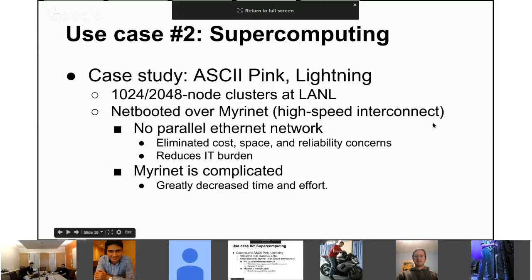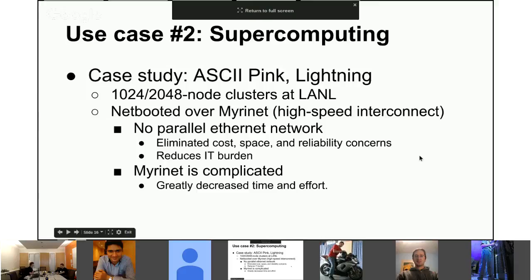Not very fun. And more than that is that the BIOSes that came on the servers didn't really have the features that he wanted. Namely, they wanted to load the kernel over Myrinet, which is a rather exotic high-speed supercomputing interconnect.